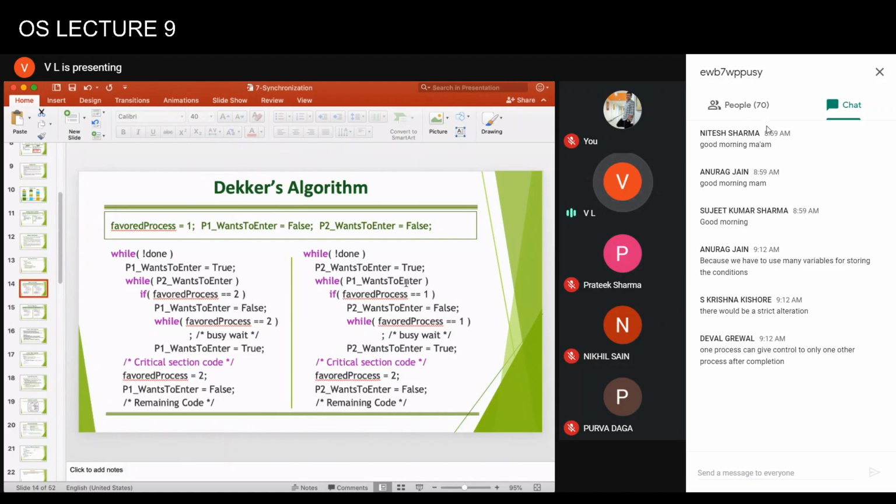Now, when P4 wants to enter, it finds that P1 wants to enter is still true. So it will be waiting for favored process to go in its favor. All other processes are also waiting. So now, when the favored process is being changed and the context switch takes place, what happened? It should be 1.